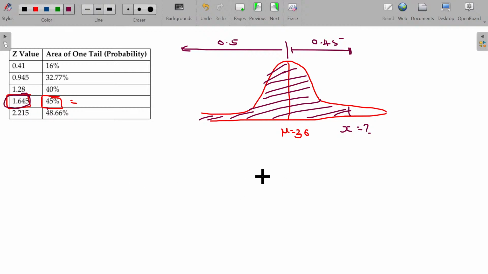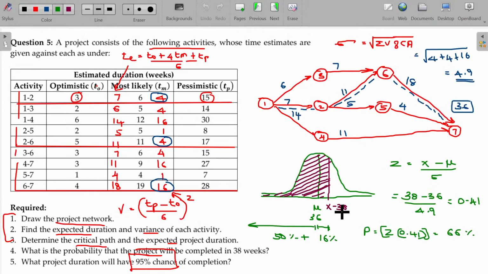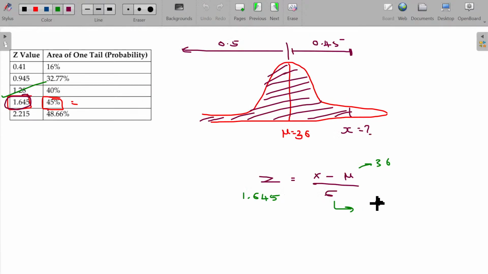So z is equal to x minus mu divided by standard deviation. Here the z is 1.645, mu is 36, standard deviation is 4.9. We calculated already 4.9. You can now solve this for finding the x.